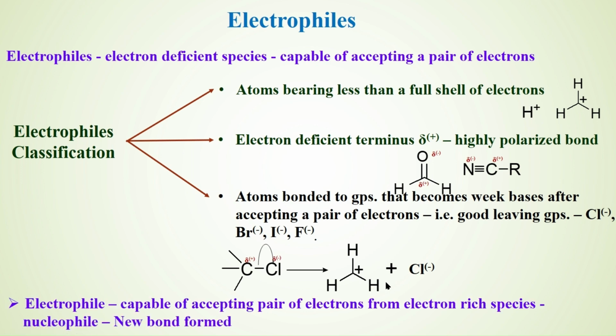Electrophiles are species which are capable of accepting a pair of electrons from electron rich species. The nucleophile reacts with an electrophile to form a new bond. This bond formation between the electron rich species and the electron deficient species is the basis of bond formation, and it is the requirement for the versatility of carbon.